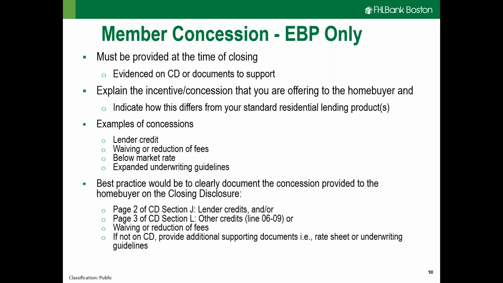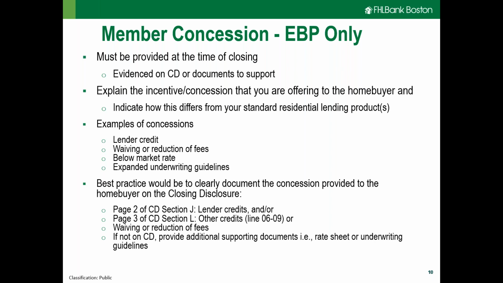When I'm talking about expanded underwriting guidelines, sometimes this can get a little complex. I want to give some strong examples that we do talk about in our trainings. If you're doing expanded underwriting guidelines, a great example would be, you know, you're putting this in your portfolio and you have a minimum FICO score of 620, but you're going to allow somebody to have a lower credit score.